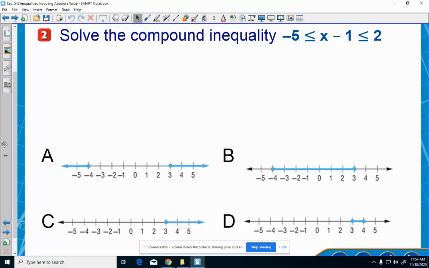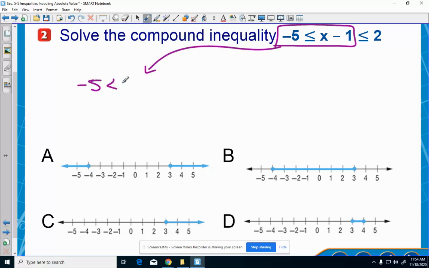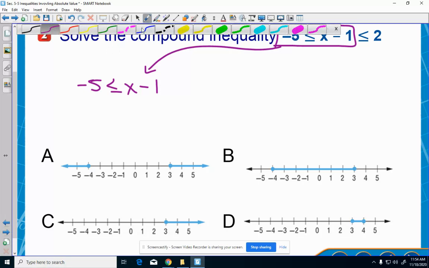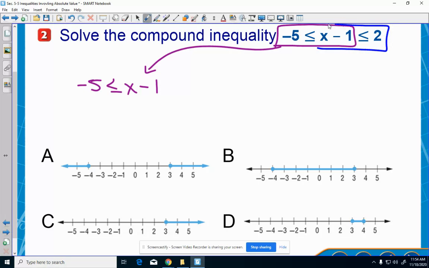So at this point, though, you should have this statement boxed and rewritten two different ways. You should have a statement there: -5 is less than or equal to x minus 1. That should be one of the statements on your paper. And then you should have a second statement written on your paper that says x minus 1 is less than or equal to 2.